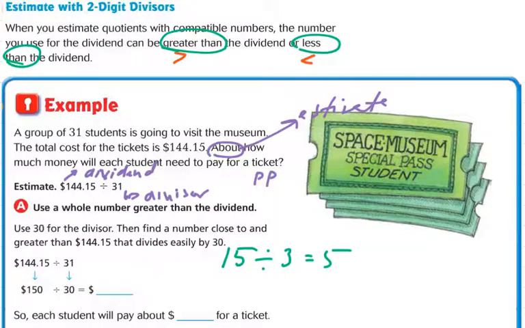So the compatible number $150 divided by 30 would give us $5 per ticket. And notice, boys and girls, one place value minus one place value equals zero place values. So that's why it's going to be $5. Each student would pay about $5 per ticket.